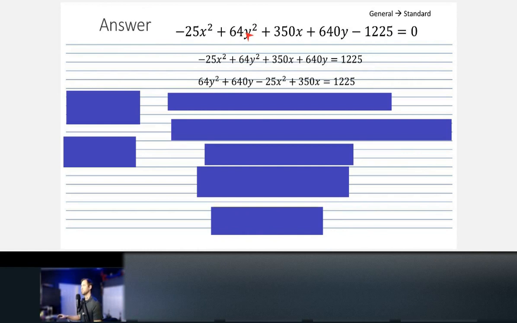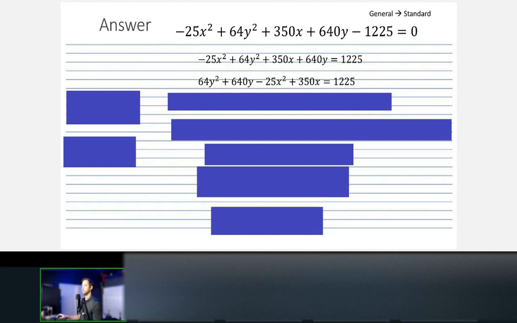We have y squared, x squared. One of them is negative, so it tells us it is a hyperbola. So because of that, when you list your terms in this step here, you have to put the stuff that is positive first. Now y squared is positive, so the y stuff goes first. The x squared is negative, so that is what goes second. You're going to have negative 25x squared, and then your plus 350x.